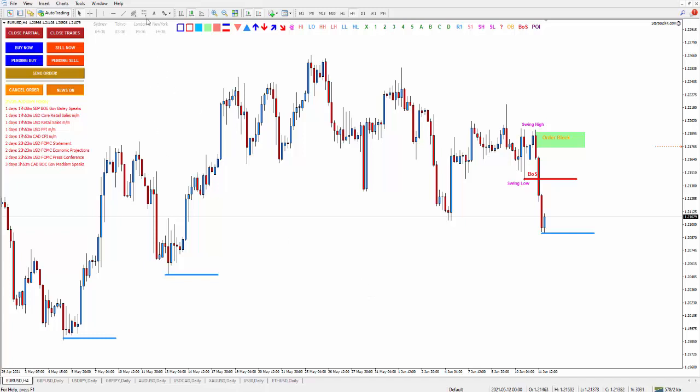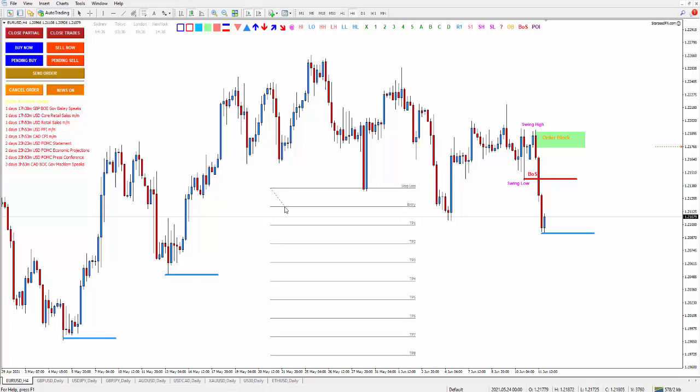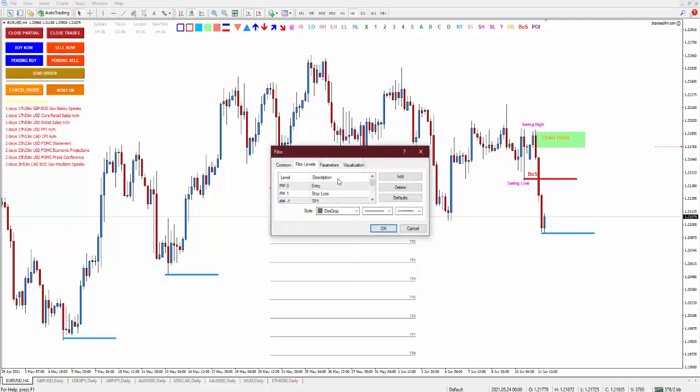Here's the Fibonacci setting that I changed. What you do, you just click on the Fibonacci and draw it anywhere. You right click, and then click Fibo properties, and then delete everything over here. If someday you want to trade back using Fibonacci, you just click default, so it will come back to default, so you don't have to worry.